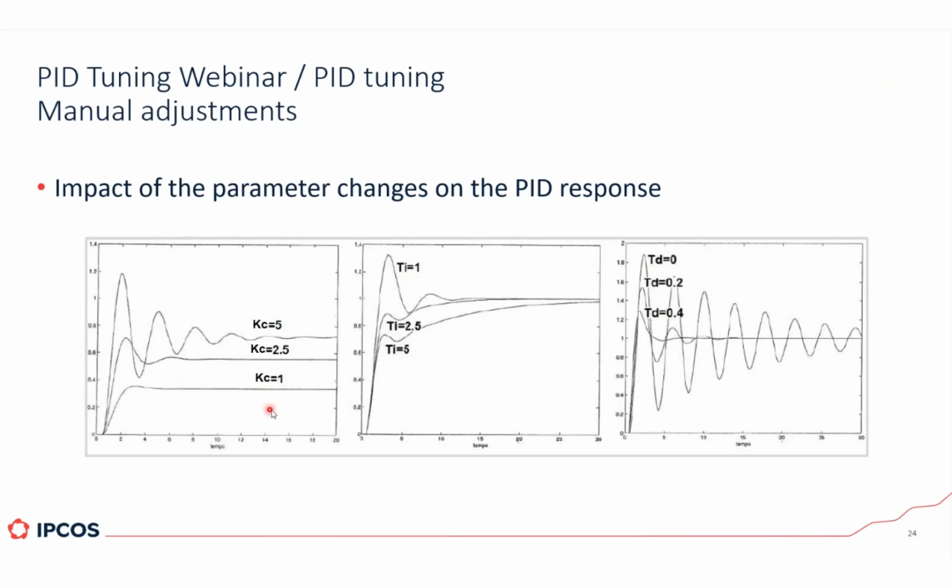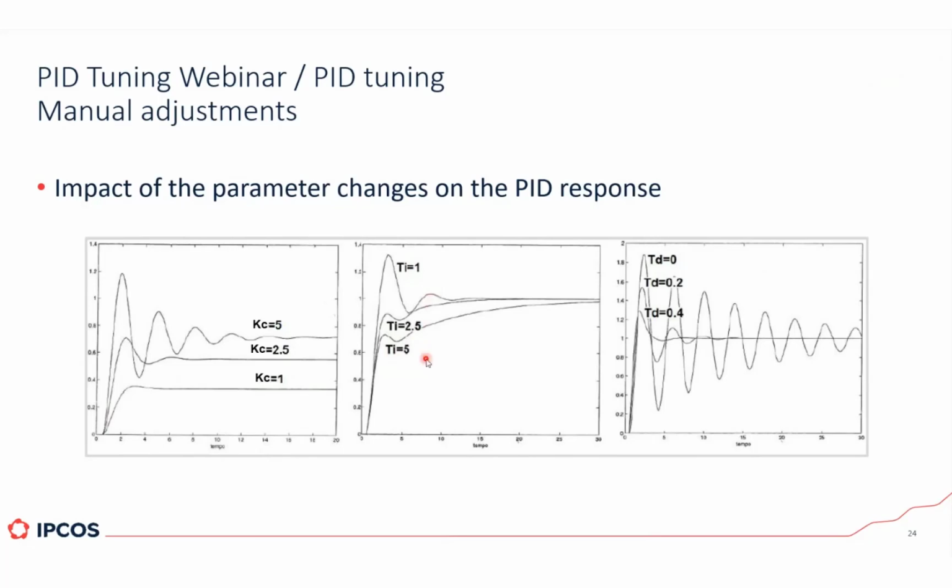The drawback here is that we are going to make the loop slower. We can also increase the integral time. Remember here that the integral action is normally 1 divided by the integral time, so if we are increasing the number here, we are decreasing the integral action, right?